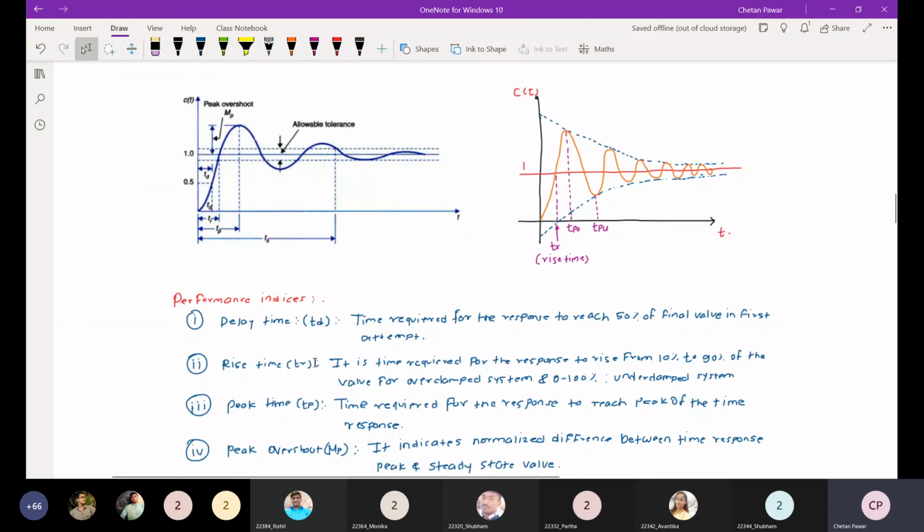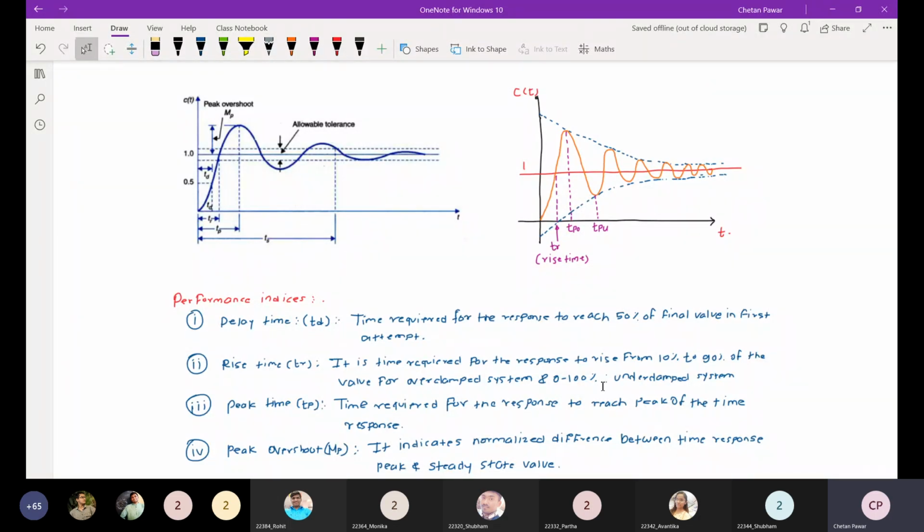Then the next term is rise time. Generally rise time depends on the type of system, overdamped or underdamped. For underdamped systems we take 0 to 100%. In some systems, the system will not reach 100% of the final value, so there is no point in calculating rise time from 0 to 100% for those systems.